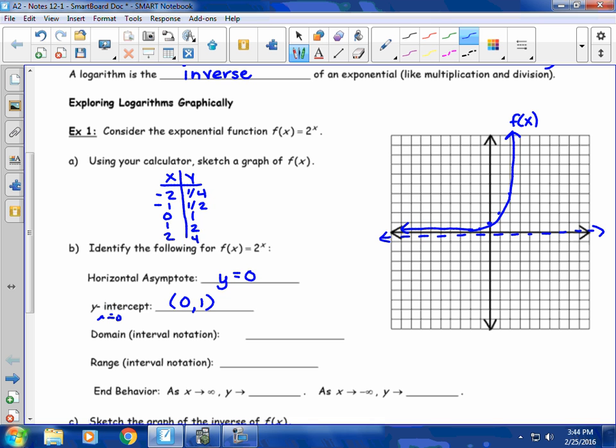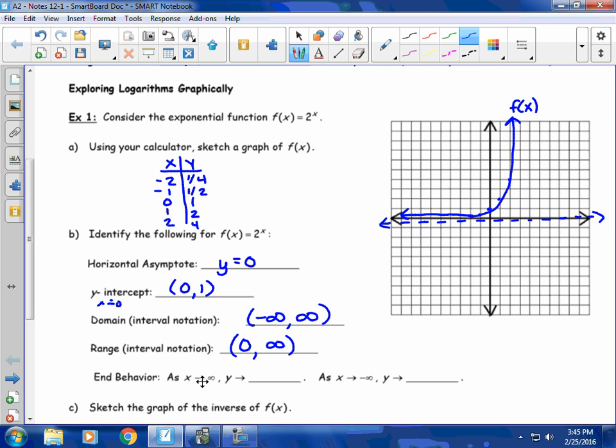Well, it goes left forever, and it goes to the right forever, so we know domain of exponential functions is always -infinity to infinity. And range, what's the lowest this graph goes? Well, the lowest it goes is right here, down to 0. And what's the highest it goes? Highest it goes up forever, so it goes up to infinity. And like always, we got an asymptote at 0, so that's in parentheses as well.